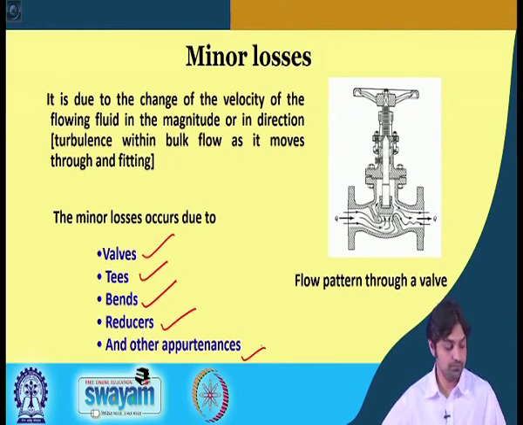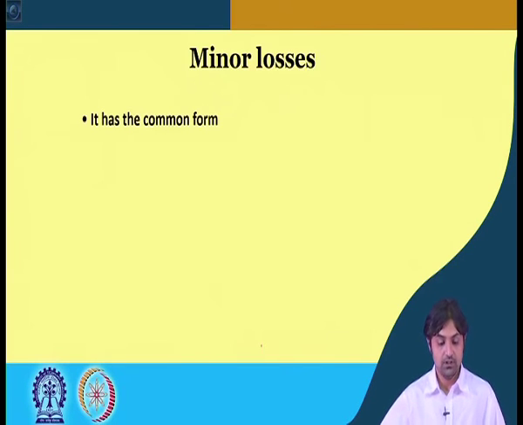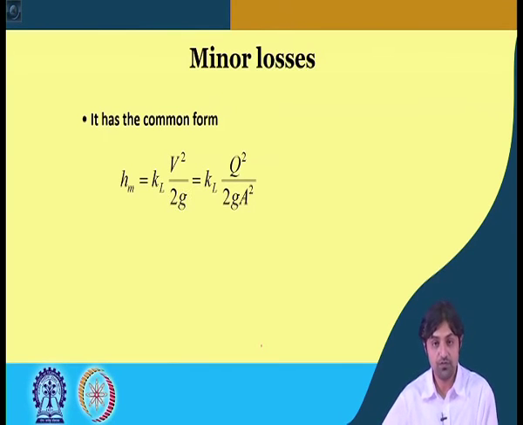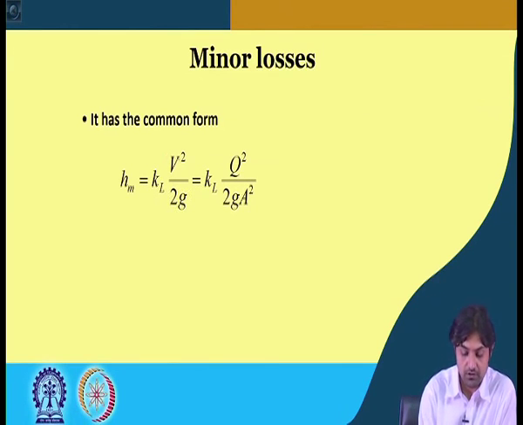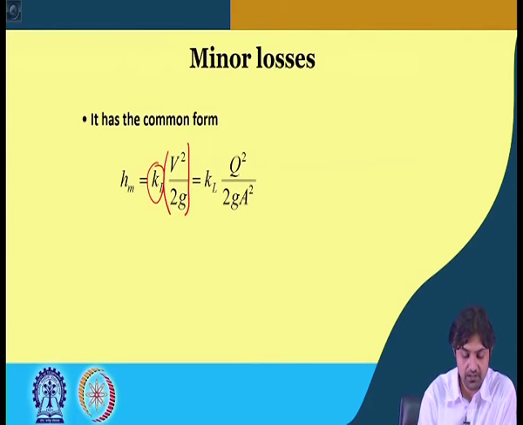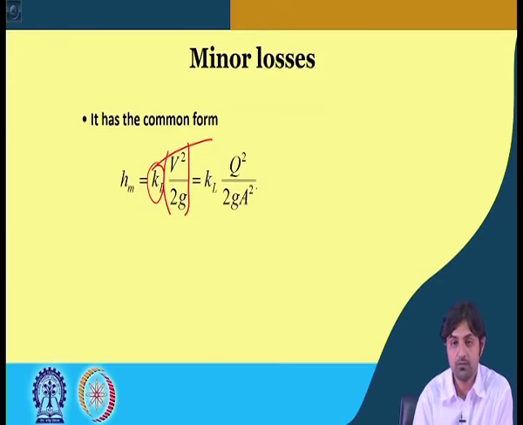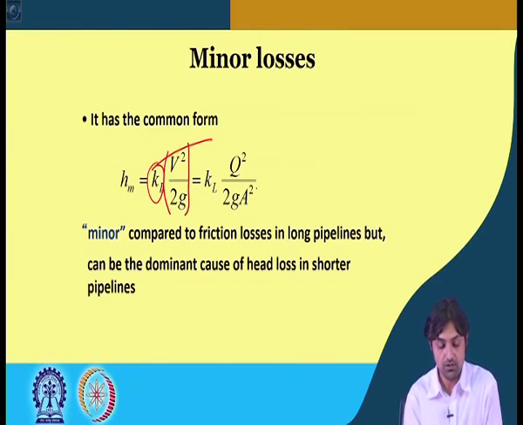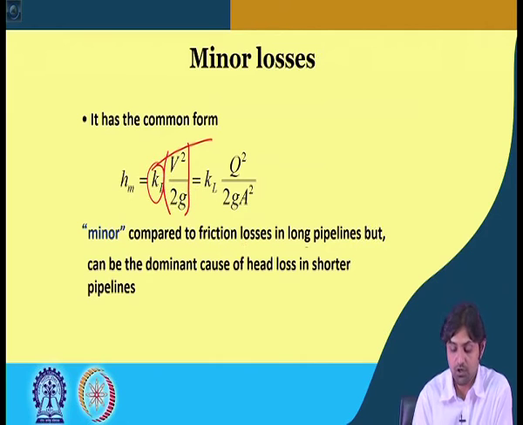All right. Minor losses also have a common form: KL multiplied by V square by 2g, where KL is the minor loss coefficient. In terms of Q, we can also write Q square by 2gA square. This is minor compared to friction losses in long pipes, but can be the dominant cause of head loss in shorter pipes.